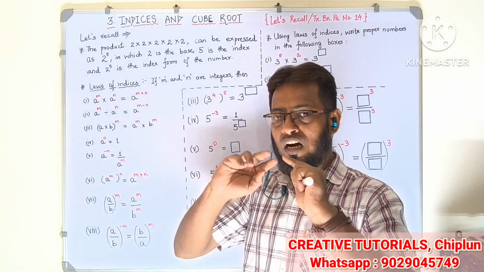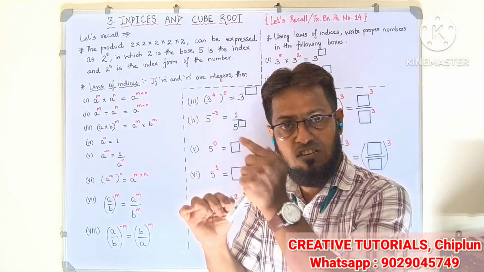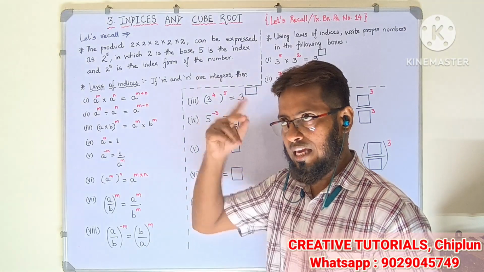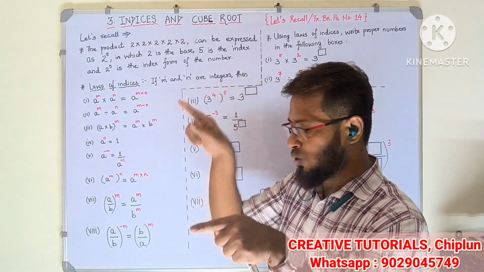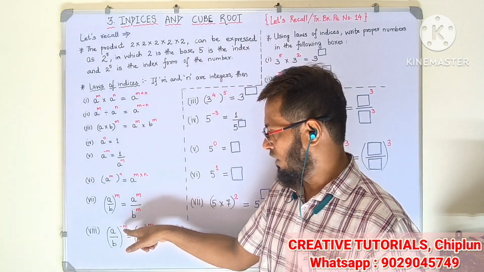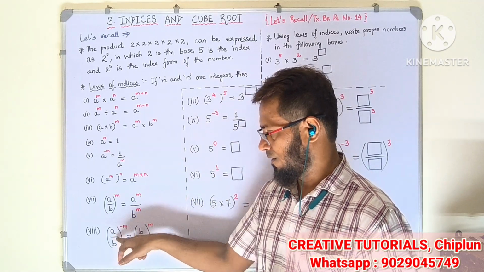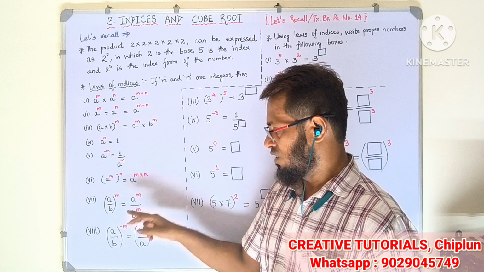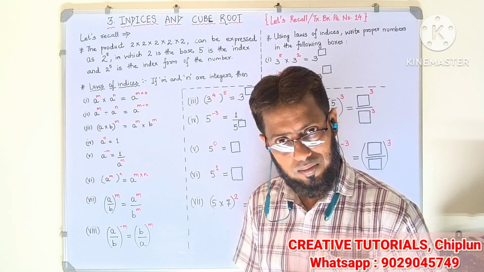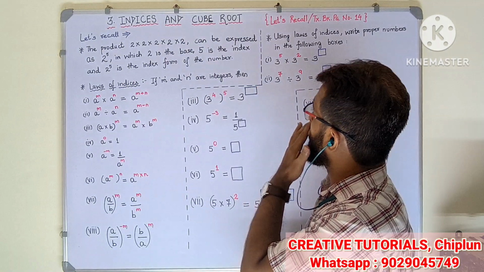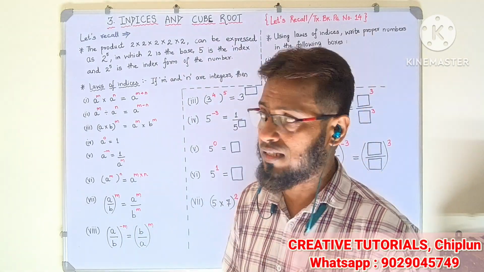A upon b will be inverted to b upon a, and this will be raised to a positive index. So whatever negative index is given will become positive when we reverse the fraction. So if a upon b is raised to minus m, this is equal to b upon a raised to plus m.